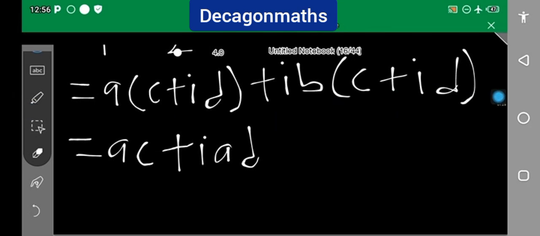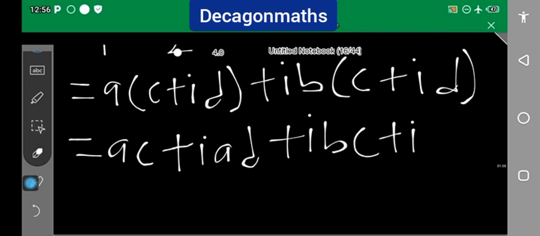And then we move to the next part, which is this. So we have iB, plus iBC, then plus i squared BD.